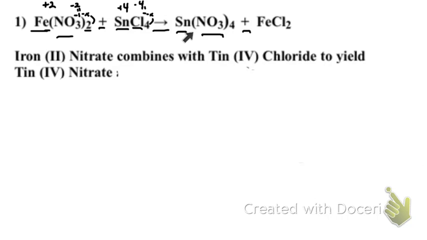So they have formed tin 4 nitrate and lead, but it's not lead, it's iron. Boy, sometimes writing is hard. So, forms iron, and if it was iron 2 here, it's going to be iron 2 here.